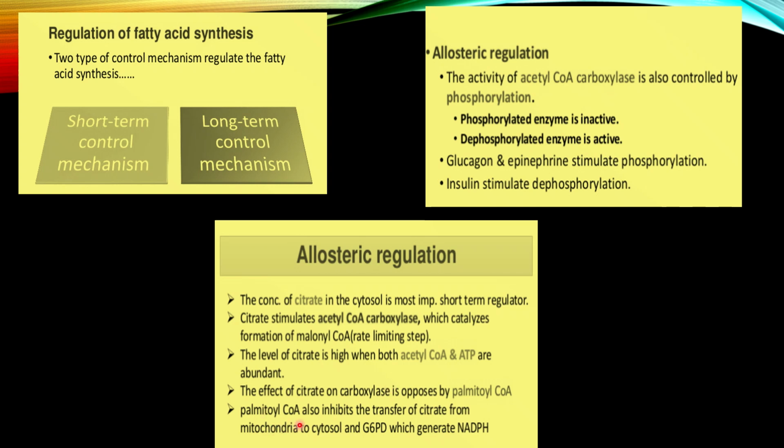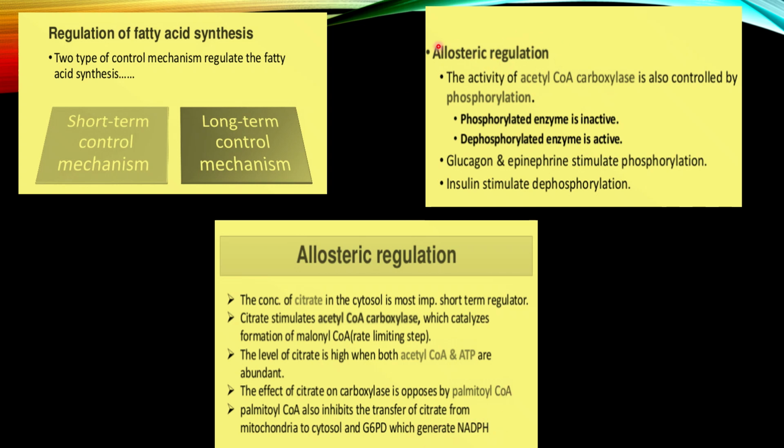Palmityl coenzyme A also inhibits the transfer of citrate from mitochondria to cytosol, and also the 6-GPD, the main enzyme of HMP shunt, which generates the NADPH. We'll see in the subsequent slide.